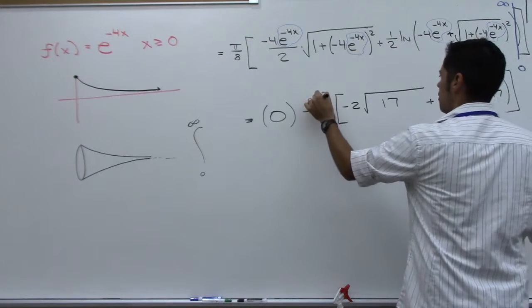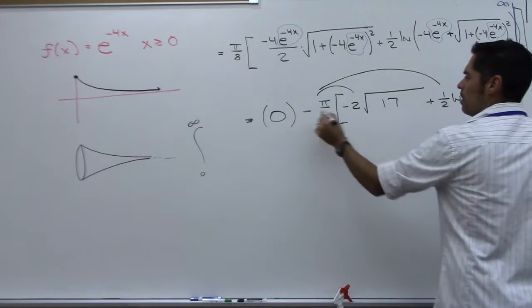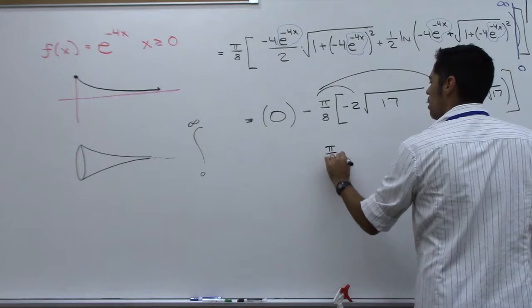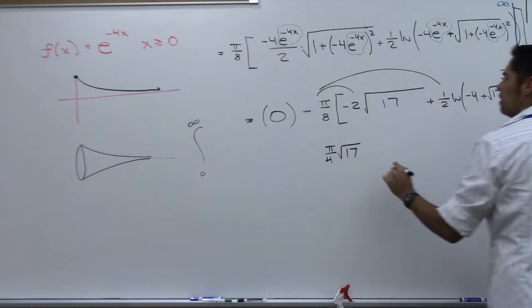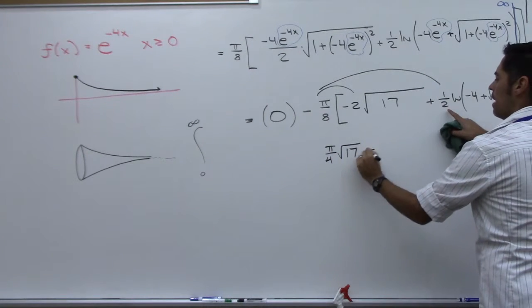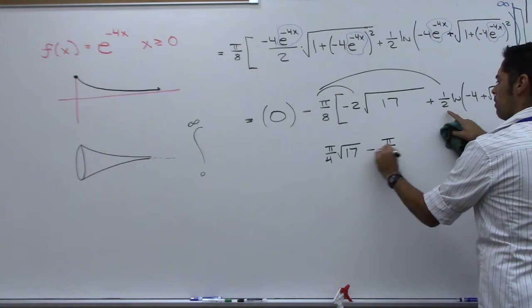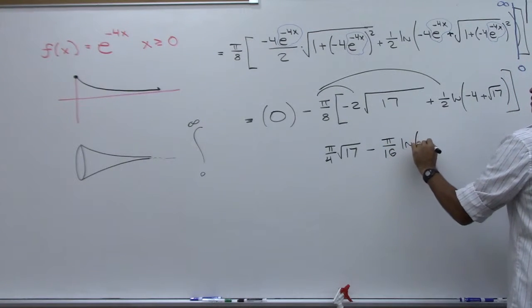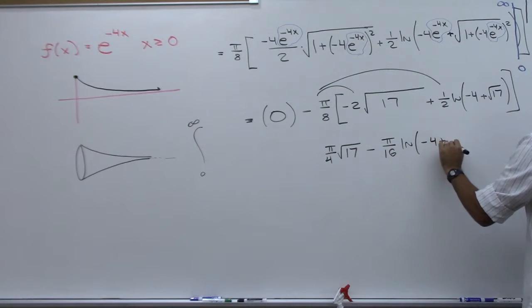So now what I'll do is I'll distribute this through. So we get positive pi over 4 root 17. And then here to here we get negative pi over 16 natural log of negative 4 plus root 17.